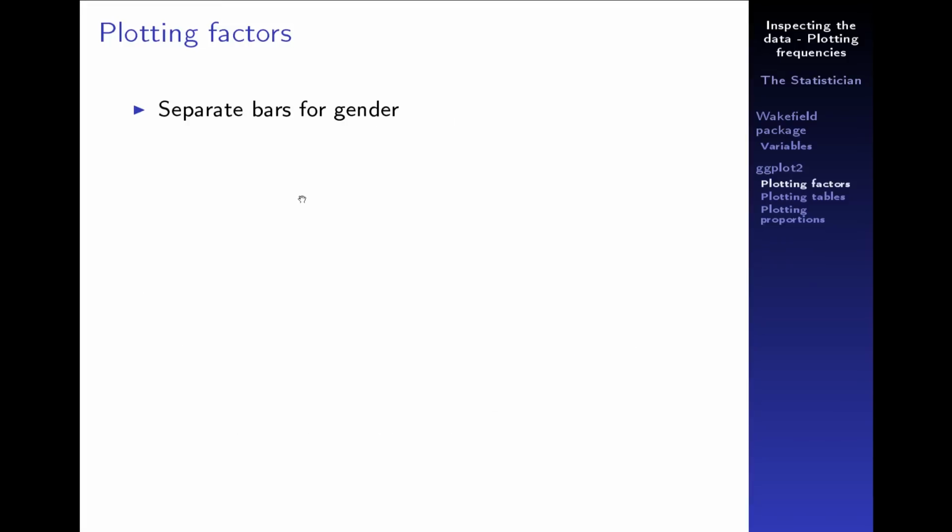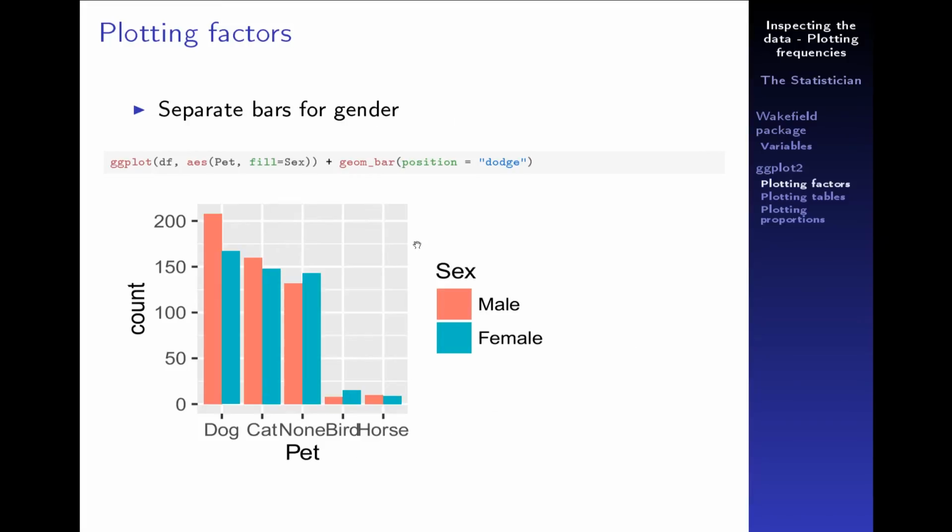we want to separate the bars, and that happens when you have a definition of position dodge inside the geom_bar function.